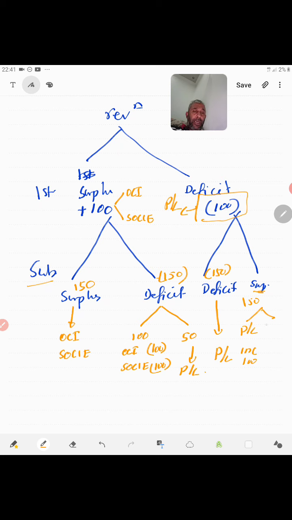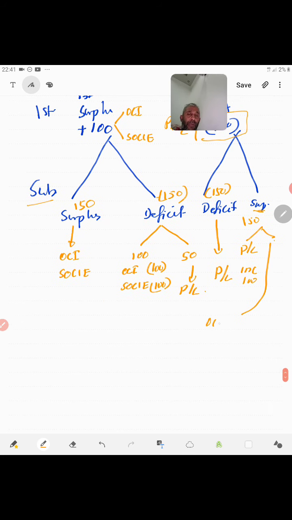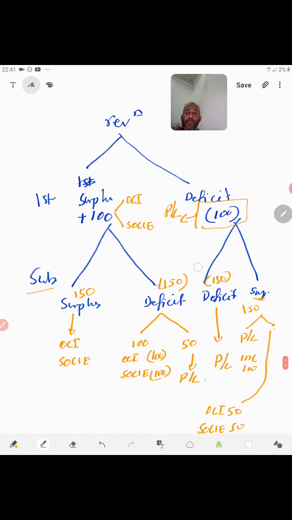And the balance 50, you have to show in two places, which are other comprehensive income 50 and statement of changes in equity 50. So this is the subsequent revaluation.